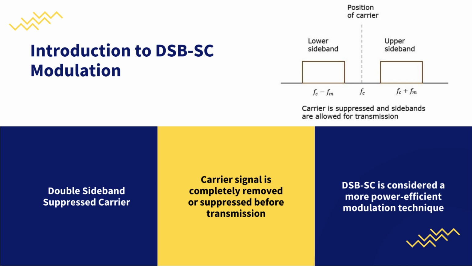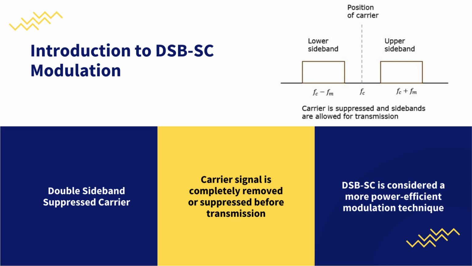Now we move to the main topic, DSBSC modulation. DSBSC stands for Double Sideband Suppressed Carrier. In a traditional amplitude modulation system, the transmitted signal contains one carrier signal and two sidebands which carry the actual information. However, the carrier signal itself cannot carry any information, yet it consumes a large amount of transmission power.